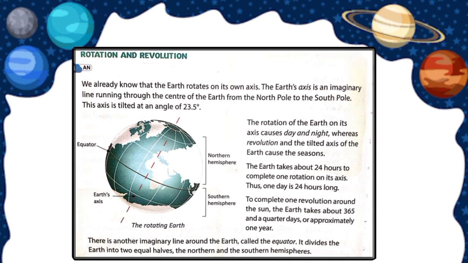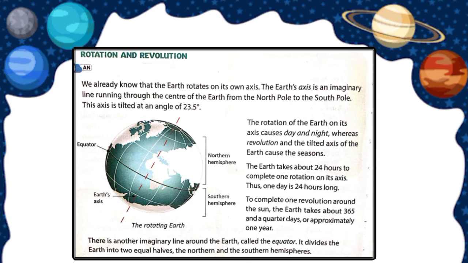Now let's understand what revolution is. Revolution is often used as a synonym for rotation. But in many fields of science like astronomy and related subjects, revolution refers to an orbital revolution.